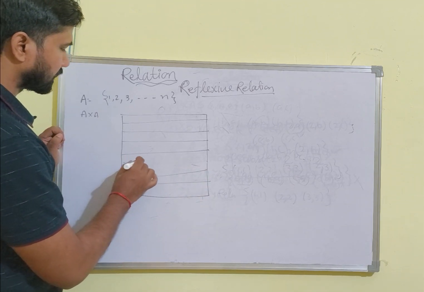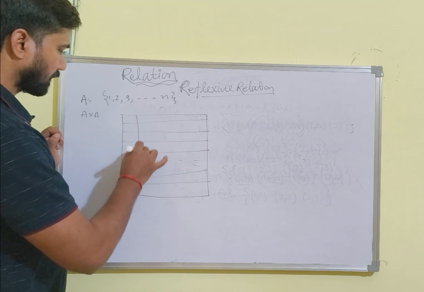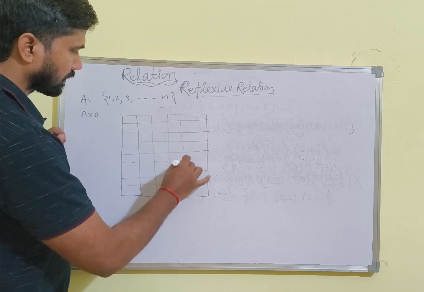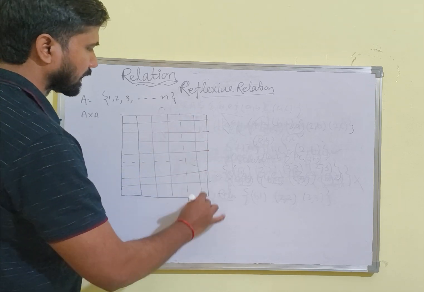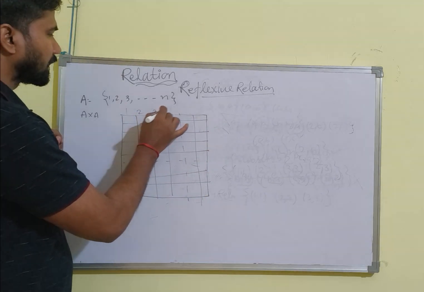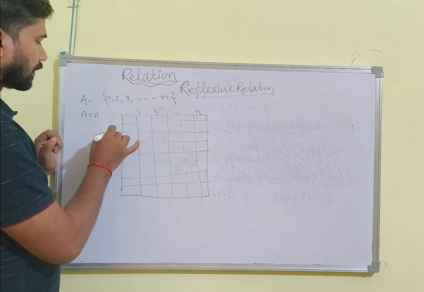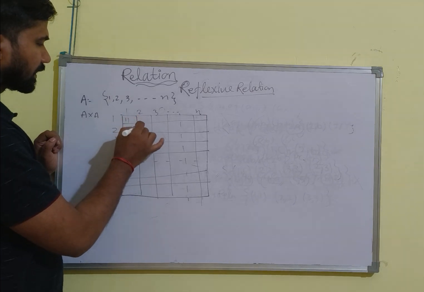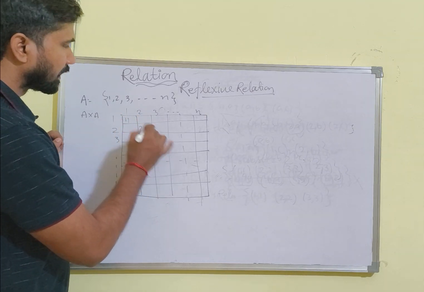See here, 1, 2, 3 up to n along both sides. What will come here? (1,1) here, (2,2) here, (3,3) and so on.